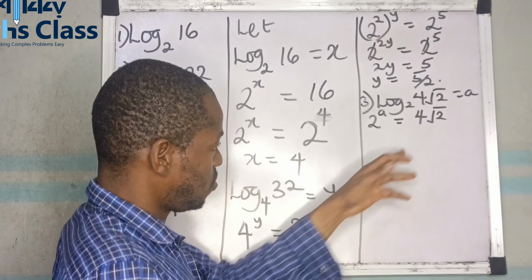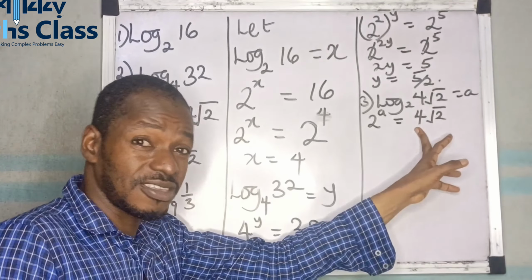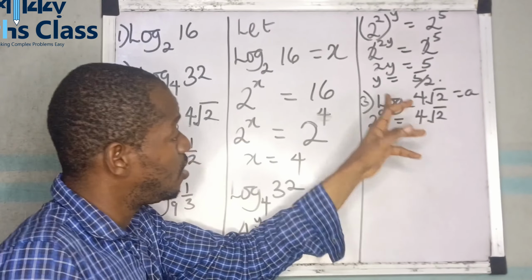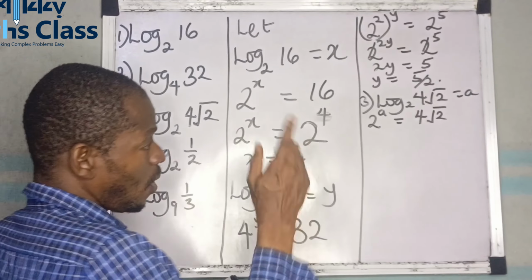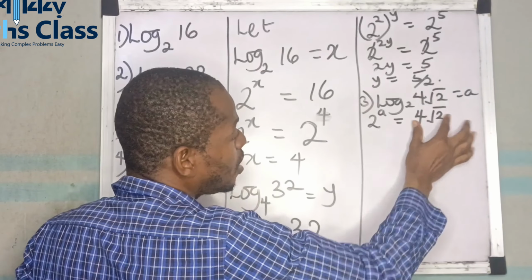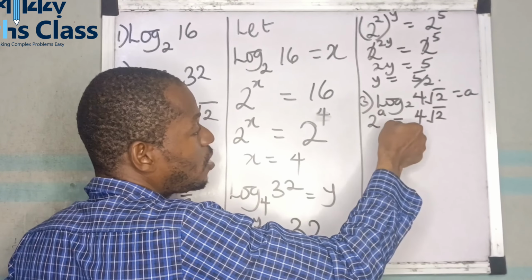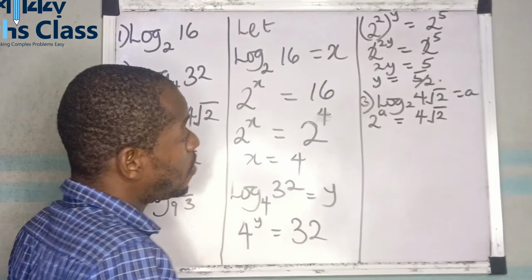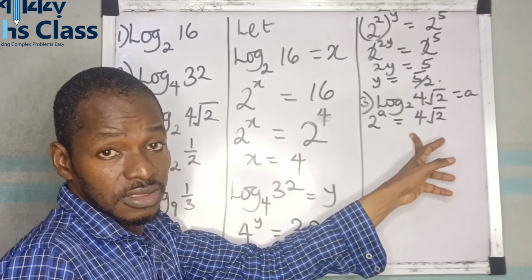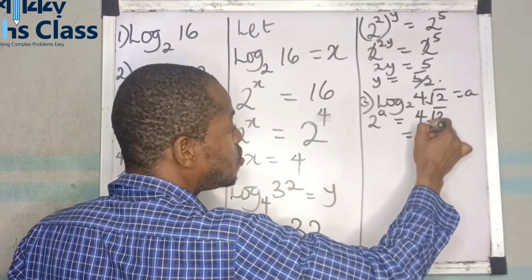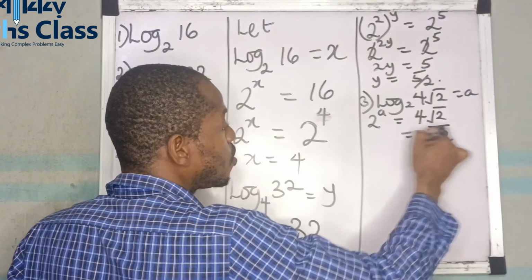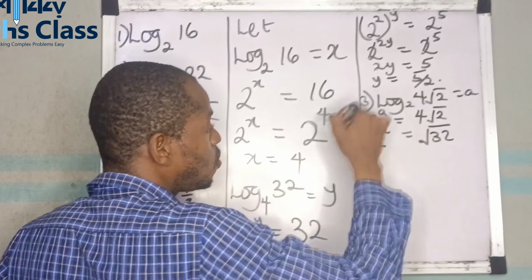Now make this a single surd. How do you make it a single surd? Bring it together. What will I take the square root of to give me 4? That's 16. So that's 16 times 2. This will give me root 32.